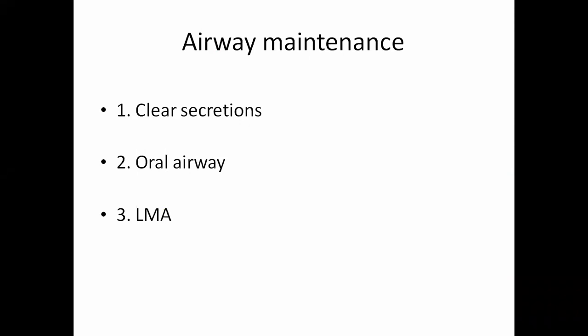So you put the position, you did the maneuvers, you cleared the secretions, you tried oral airway, you tried LMA, and you're not able to maintain the airway. So what do we have to do here? Intubation. Yeah, you need to proceed for intubation. There's no alternative apart from this.